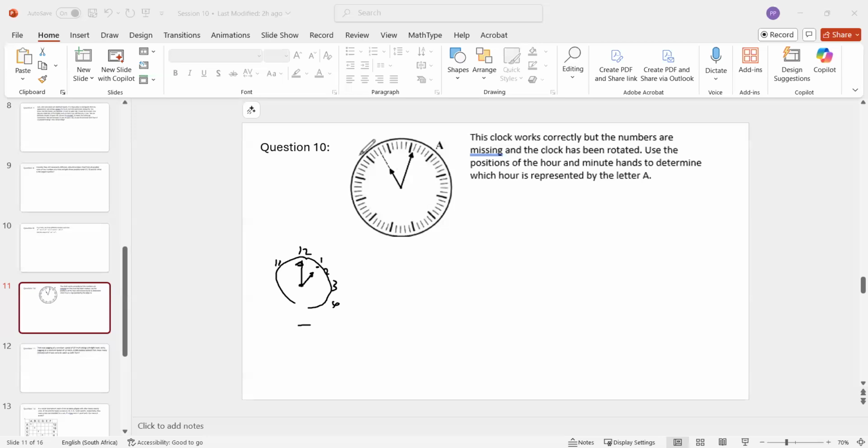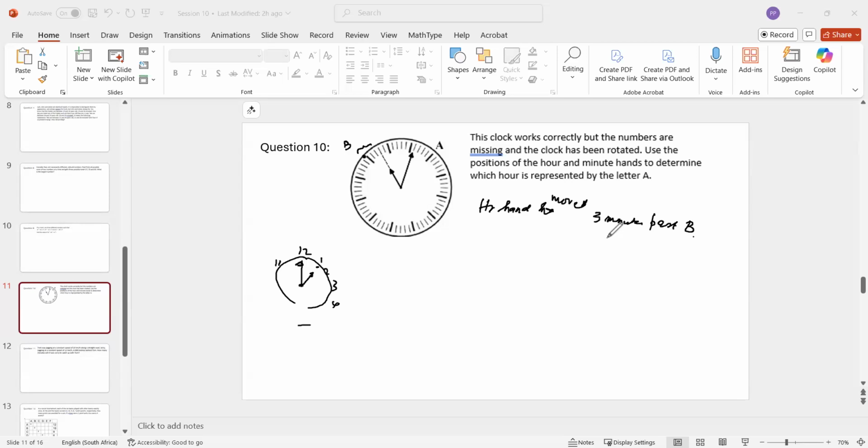So you must understand that. So here now, the hour hand has only moved 3 minutes past. Let's give a name to this number here. 3 minutes past B. All right.